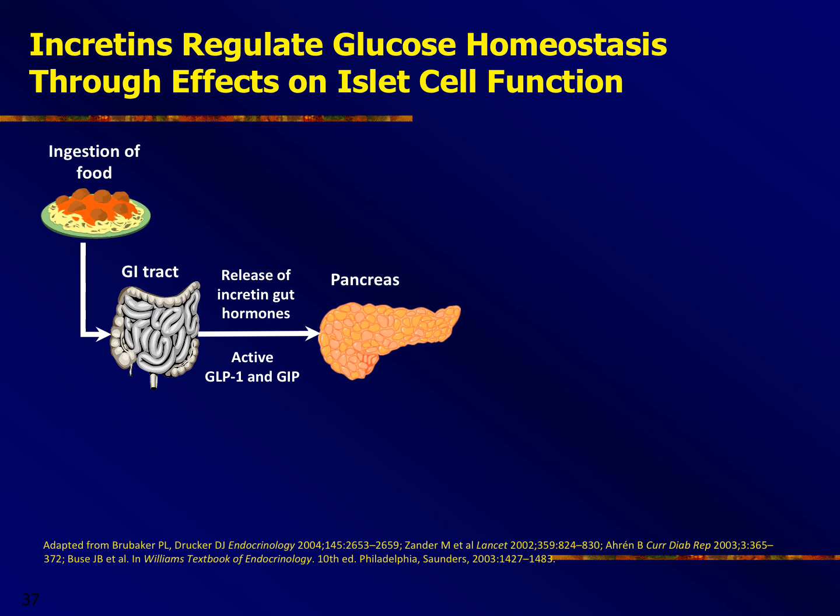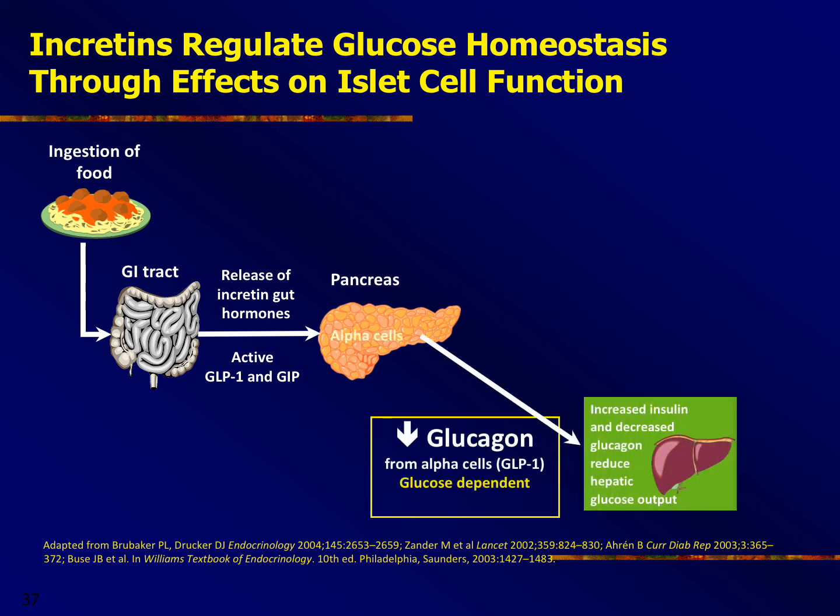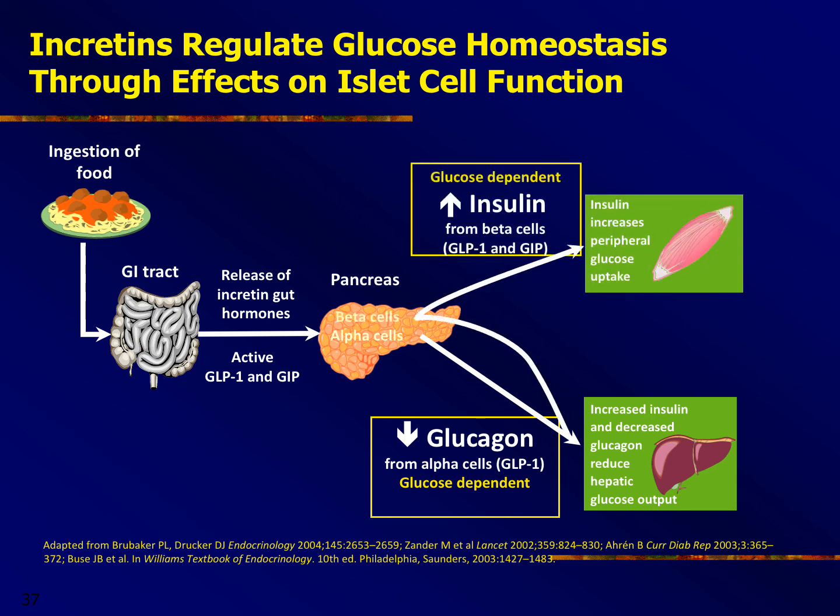There is now the release of gut hormones called incretins, the GLP-1 and GIP, which you've probably learned in physiology. These hormones signal the pancreas so that there will be a decrease in glucagon secretion, which is glucose dependent. But more importantly, there is a release of insulin that is also glucose dependent, meaning this reaction only happens because your sugar is increasing. If your sugar is low, there will not be a release and an action of these incretins.